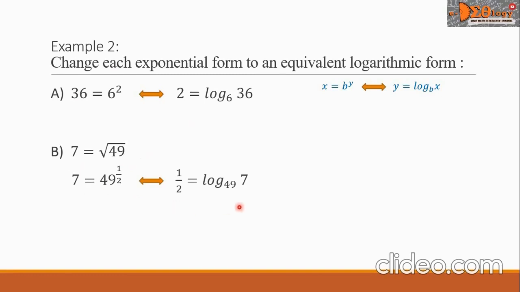The 1/2 or the exponent in here will be our answer here, 1/2, then equals. We will write the log of the number 7, and this base 49 of the exponent is the same base for the logarithm. So our final answer is 1/2 equals log of 7 to base 49. This is our final answer.